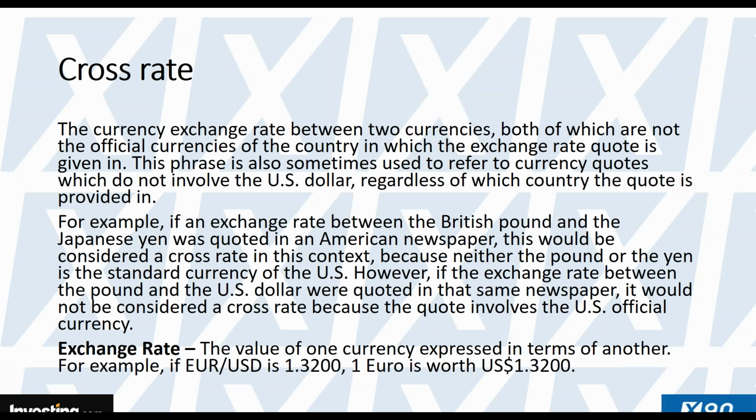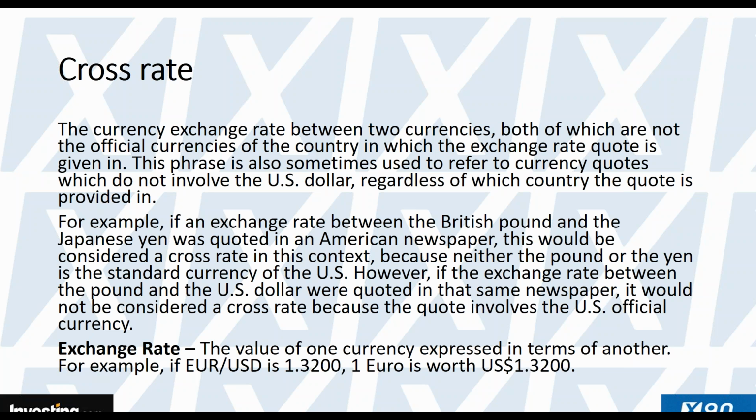But the cross-currency exchange rate between two currencies, both of which are not the official currencies of the country in which the exchange rate is quoted, is given in. The phrase is also sometimes used to refer to currency quotes which do not involve the US dollar, regardless of which country the quote is provided for.